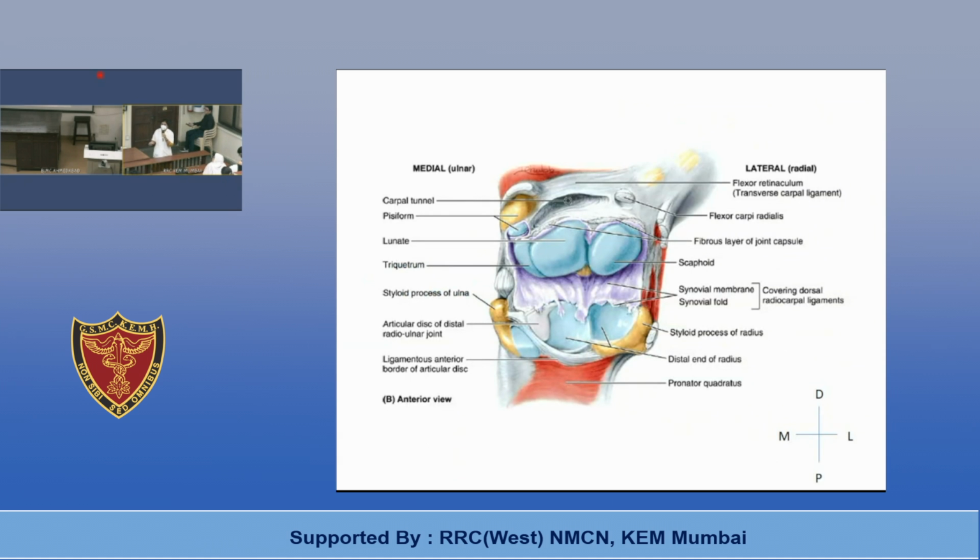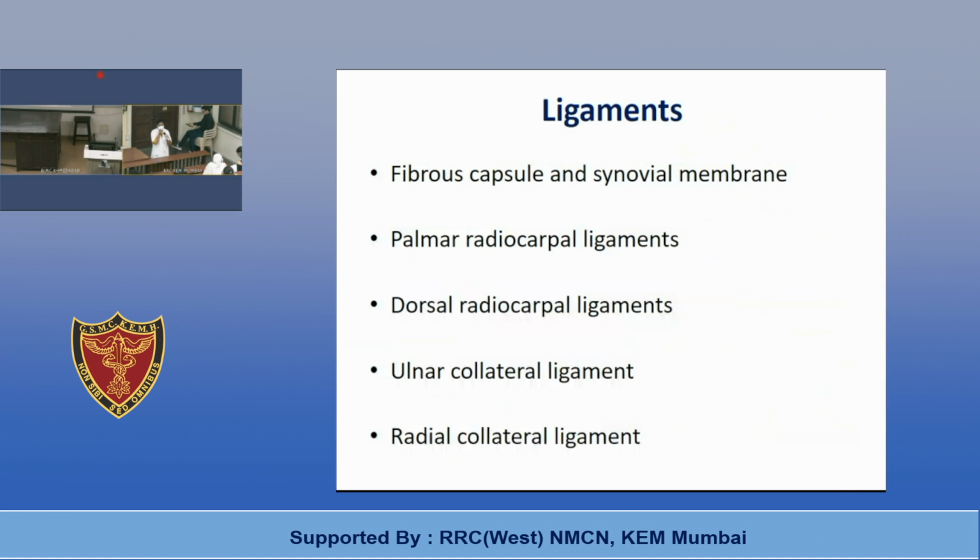Now coming to the ligaments of the joint. What are the ligaments of the wrist joint? The attachment of the fibrous capsule, synovial membrane, and then some radiocarpal ligaments, collateral ligaments. What is the attachment of the fibrous capsule of the wrist joint?